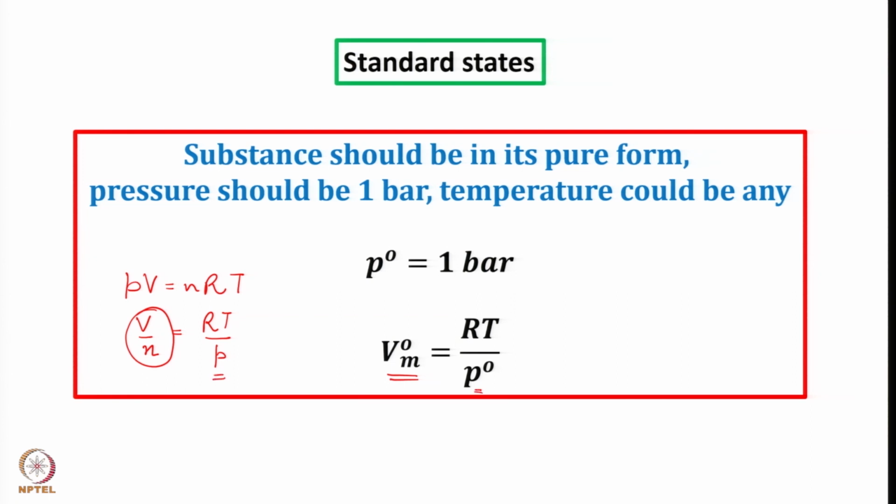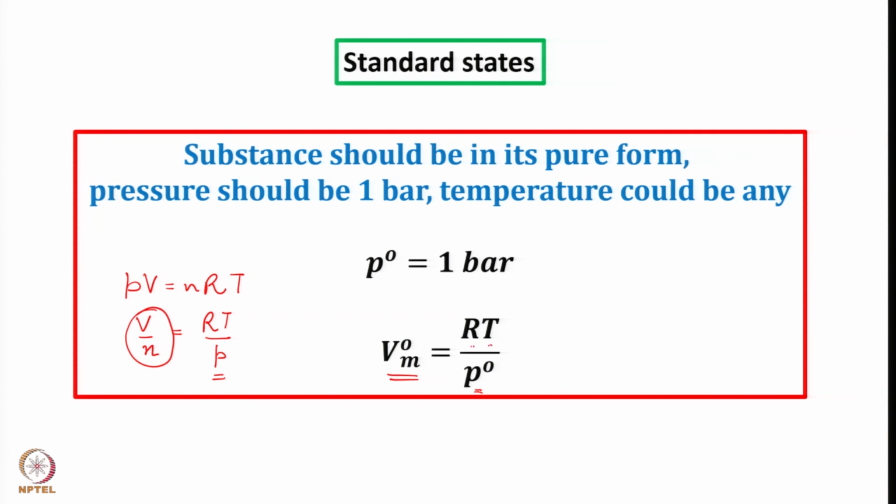What it suggests is that when you are dealing with gaseous systems and treating the gases as ideal gases, then you can always calculate the volume by using RT by P naught. Volume need not be given to you. You should be able to calculate it from the knowledge of gas constant and temperature.